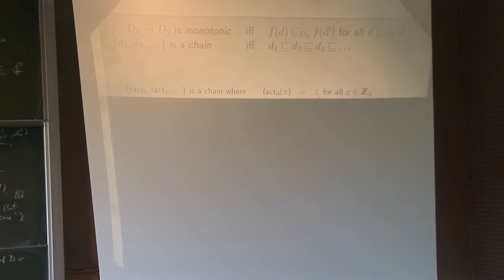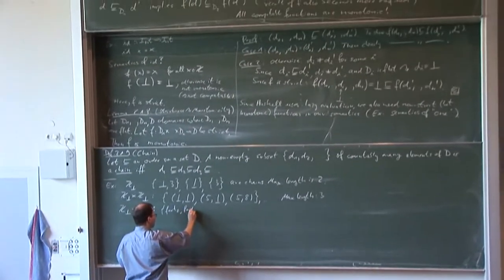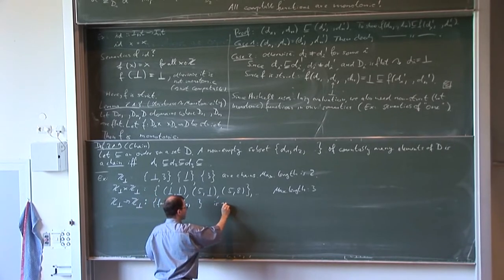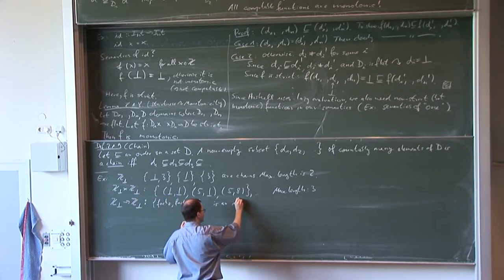So what I want to do is I want to define a chain of functions which are called fact 0, fact 1, and so on. And the reason for this name is that they are almost the factorial function. So they are approximations to the factorial function, but not quite the factorial function. So here we have fact 0, fact 1, and so on. This is an infinite chain. So here chains can also be infinite.